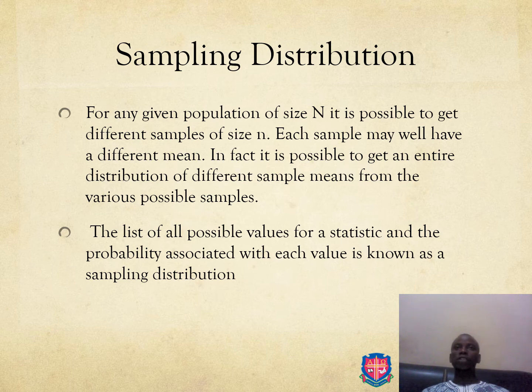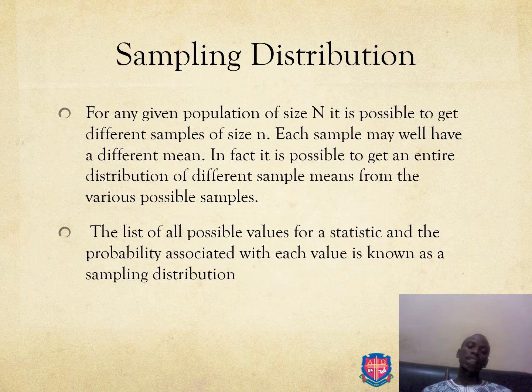I talked about it earlier in our first lecture. Just to remind you, when you talk about a statistic, you're talking about characteristics of a sample, and a parameter is about the population.